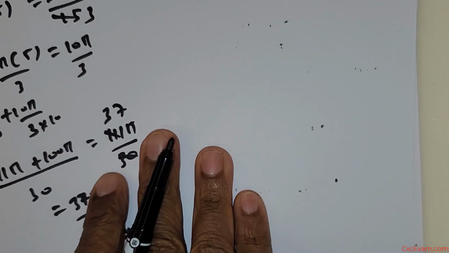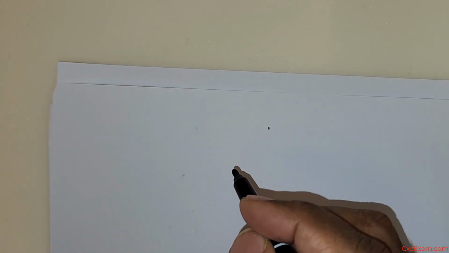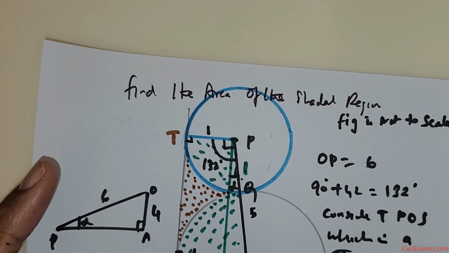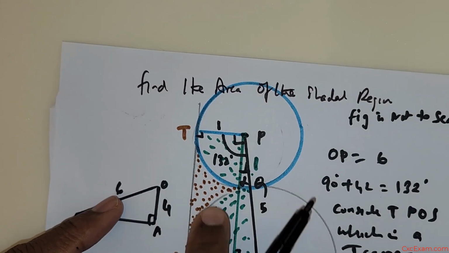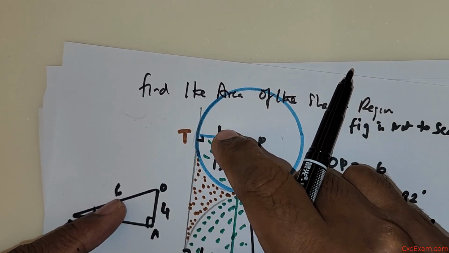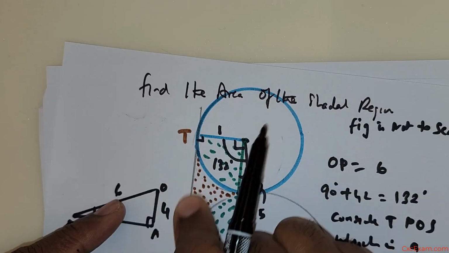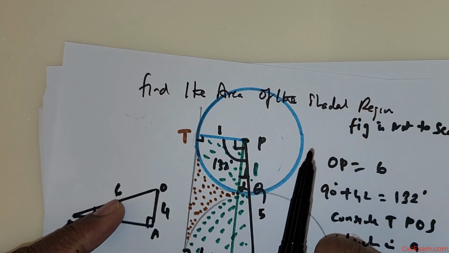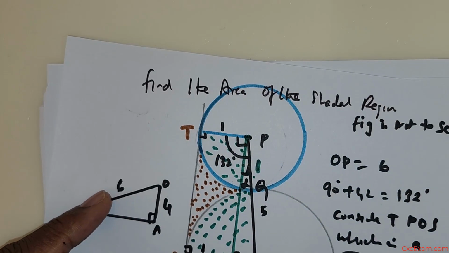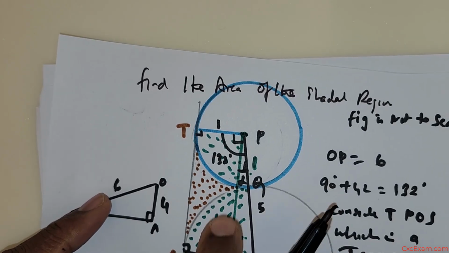Okay, so let me go to the next side of the sheet. I'm going to consider this, which is going to give me the height. These are the two bases, base 1 and base 2, and this TS will give us the height. That TS is actually obtained by considering PAO or OAP.